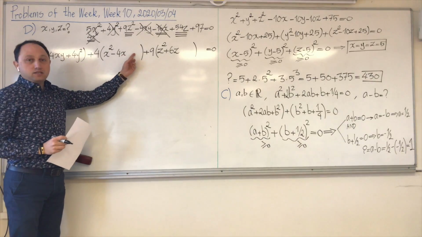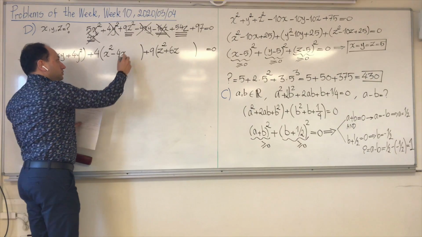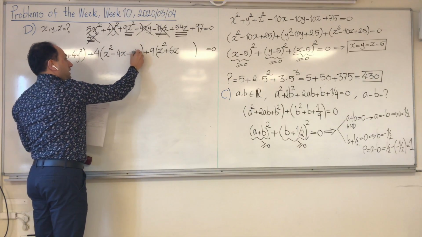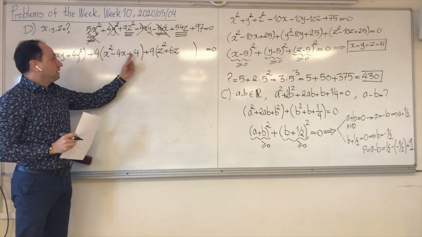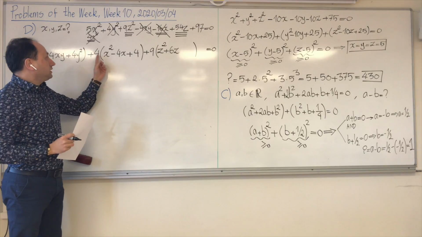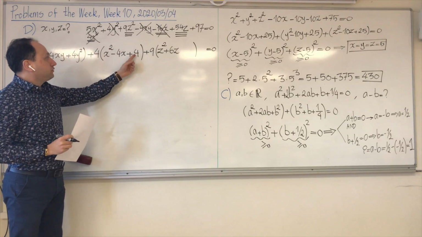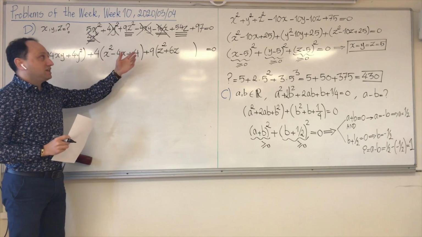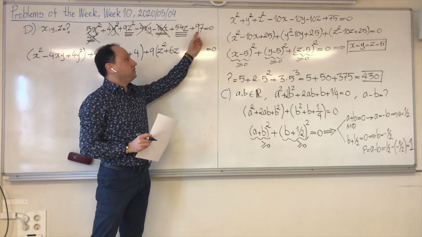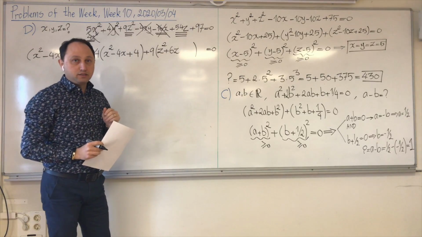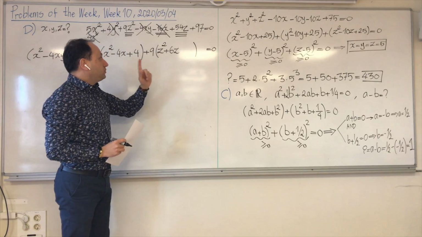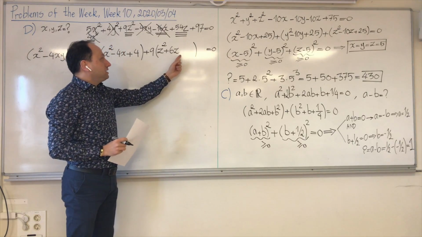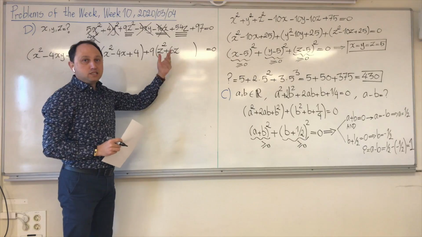But to make this a complete square, you immediately see that I need a 4. But be careful. When I add a 4 here, because of this 4 outside the brackets, 4 times 4 is 16. So it means that I have used 16 units of this 97. So what is left for me is 81. And the good point is that what makes this one a complete square is 9, yes?